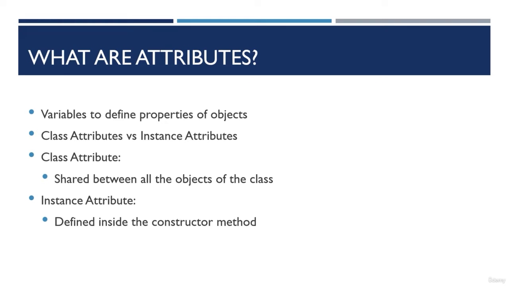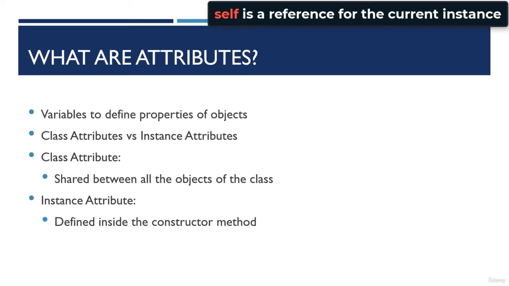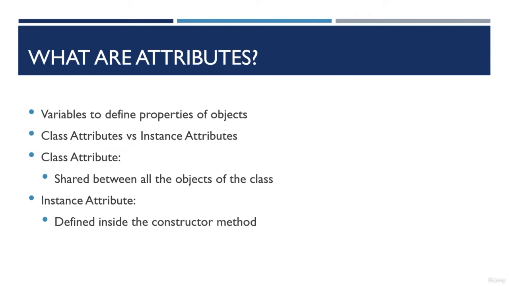So what is the meaning of the self parameter? Self parameter is a reference for the current instance, and to access all the instance attributes or the values for instance attributes from inside the constructor method, we use the self parameter, and you can call it any name as you wish, but by convention we call it self. So try to call it self, and I'll show you that practically, so don't worry about that.